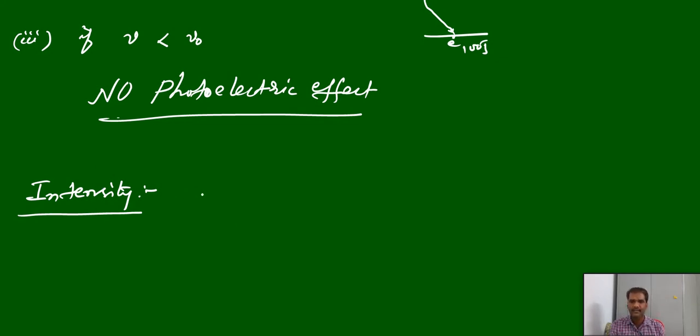First of all, we will take the intensity definition. Simply you understood that it is the number of photons.